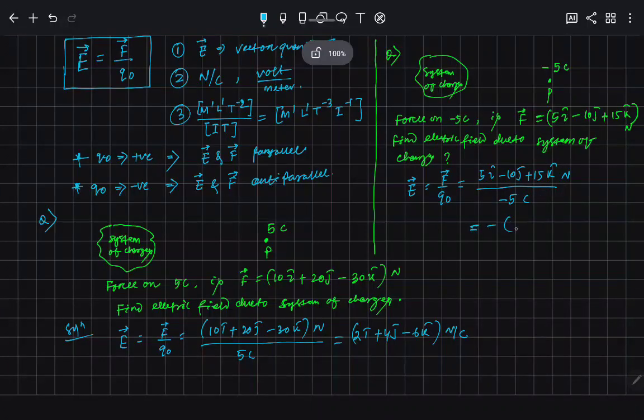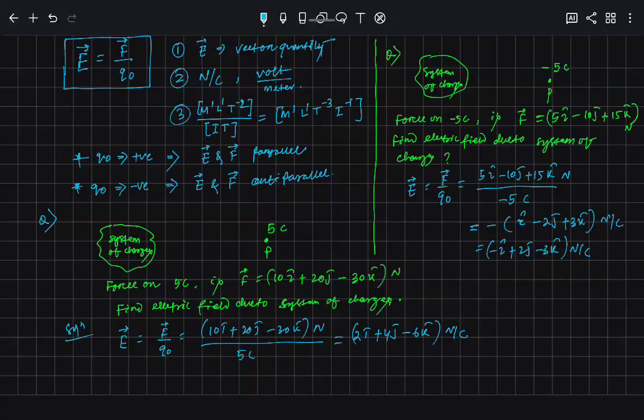So how much is it coming? Minus i cap plus 2 j cap minus 3 k cap Newton per Coulomb, right? So you have to put that value, that minus 5. Clear?